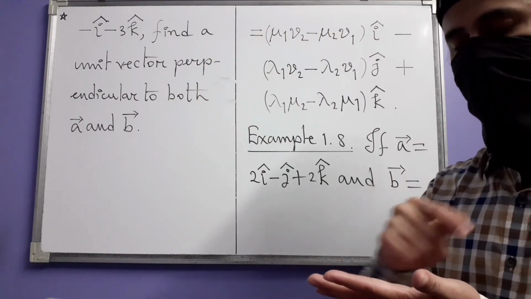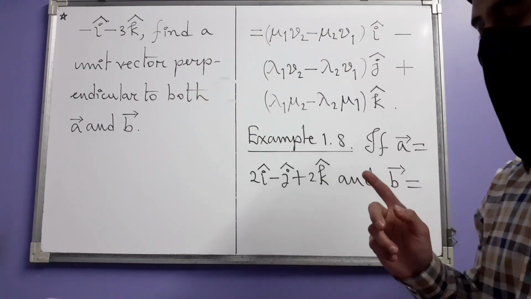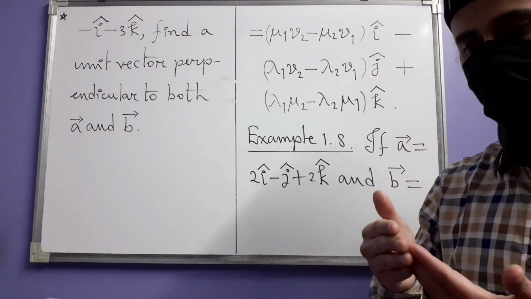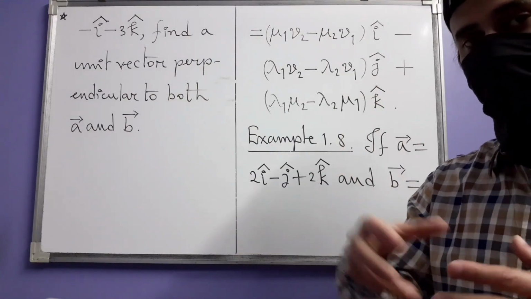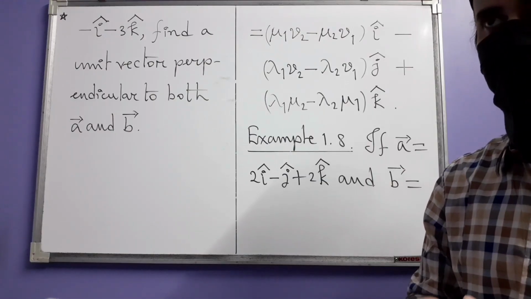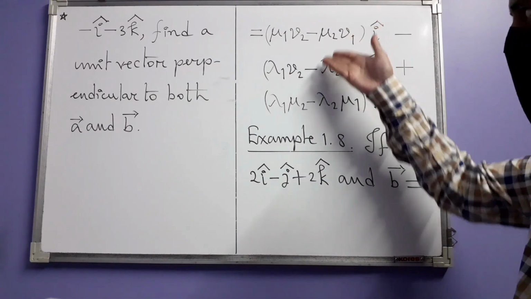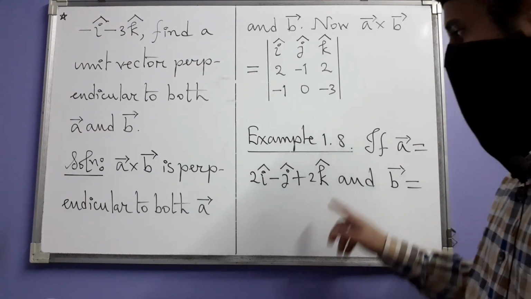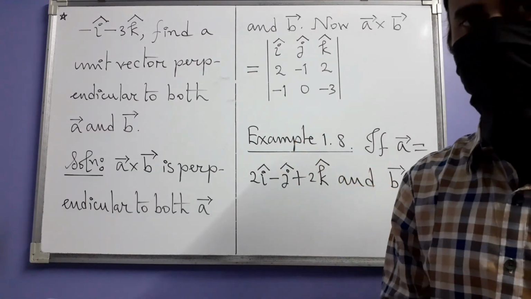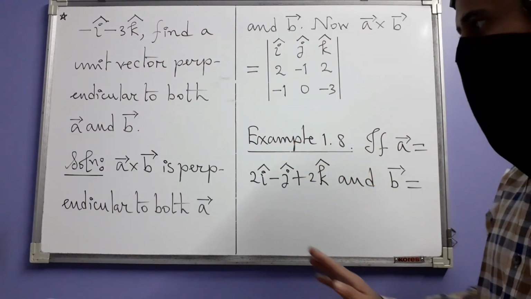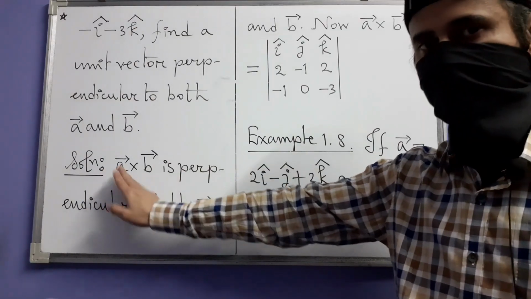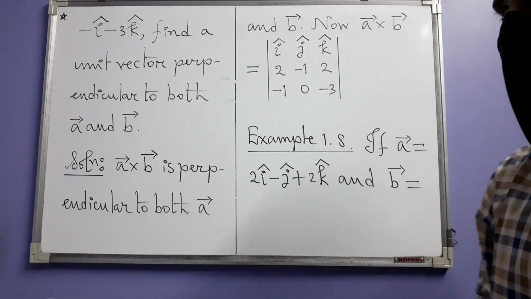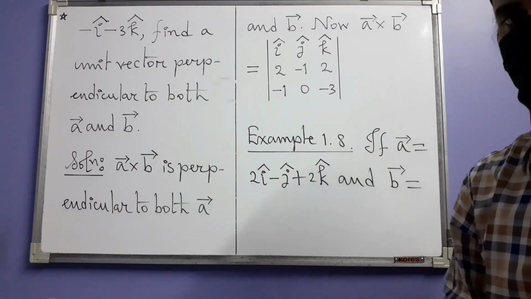So you have their vector product, and then you apply the laws of algebra for vector product to expand that, I mean to carry out that product, and then from that you will get this. Now let's solve this one. Because our vectors a and b are both non-zero vectors, by definition of vector product, their vector product will be perpendicular to both a and b. So that way we can proceed.